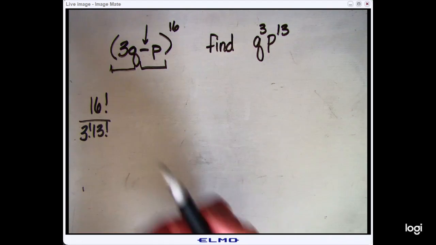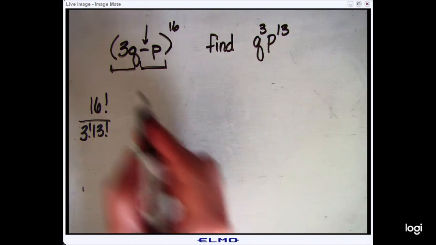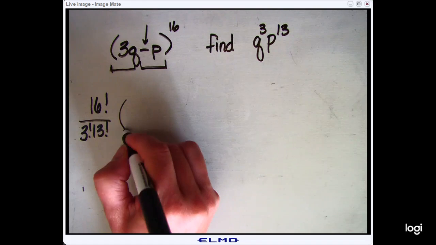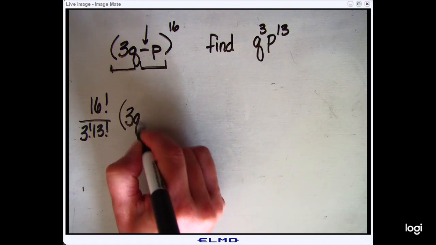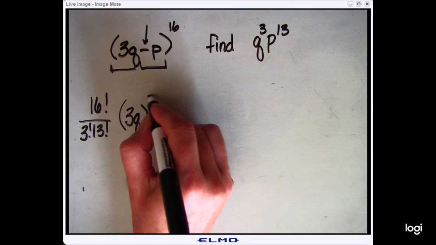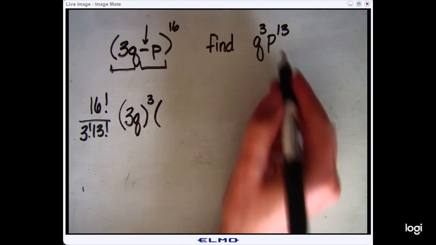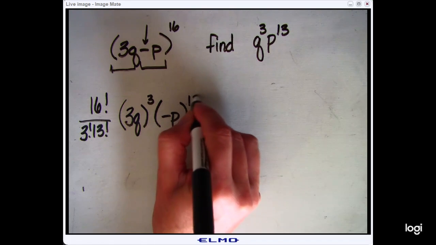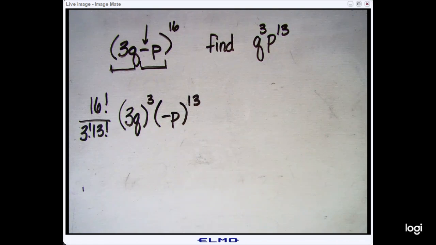And notice they add up to 16. And then our Q term is this guy, including the 3. So that would be 3Q raised to the 3rd power times my P term is negative P raised to the 13th.